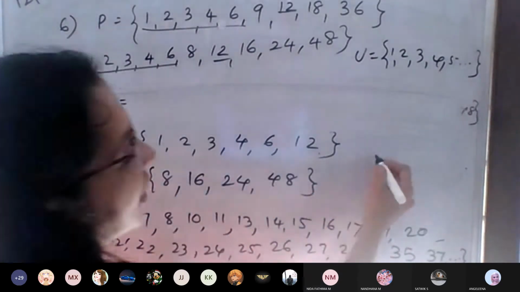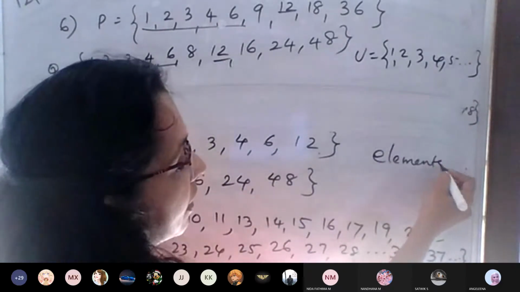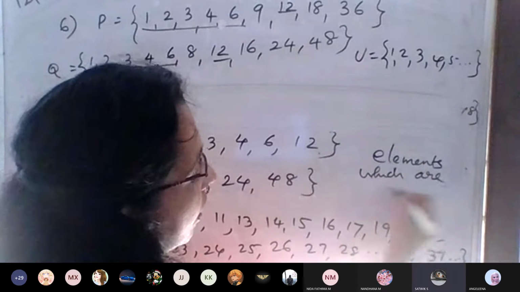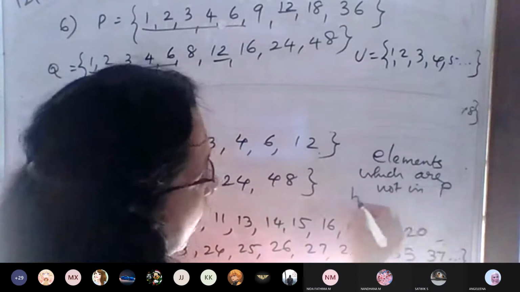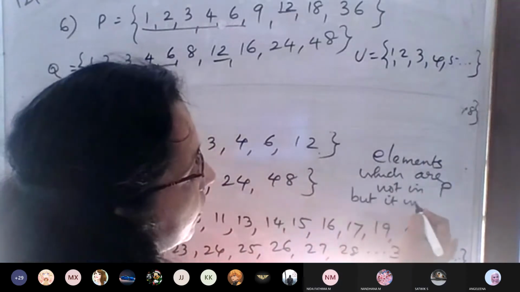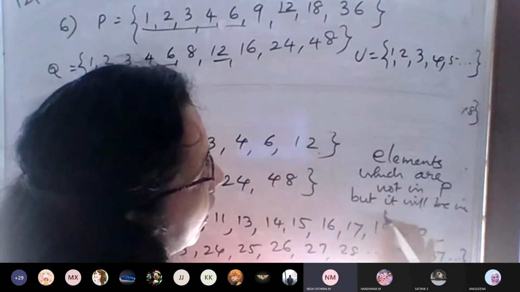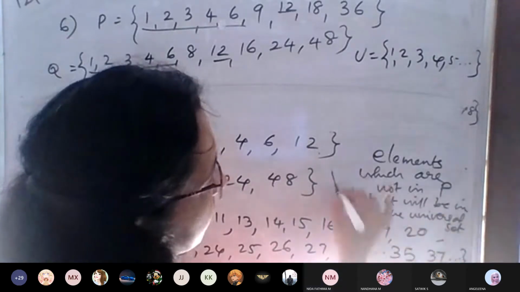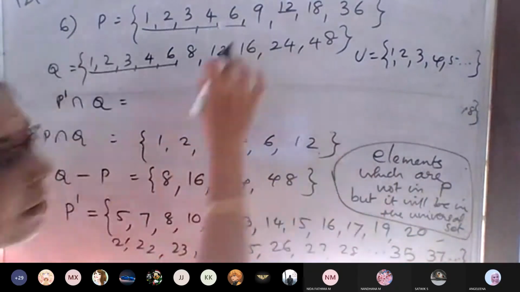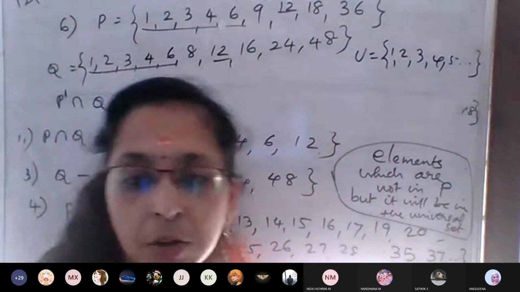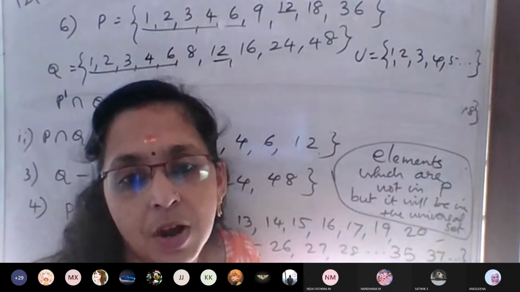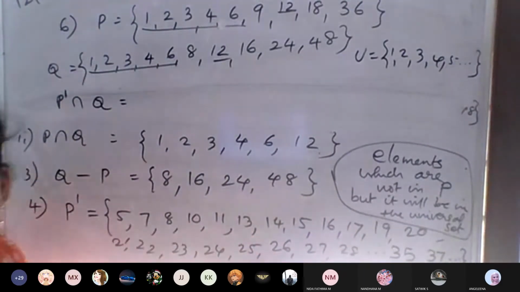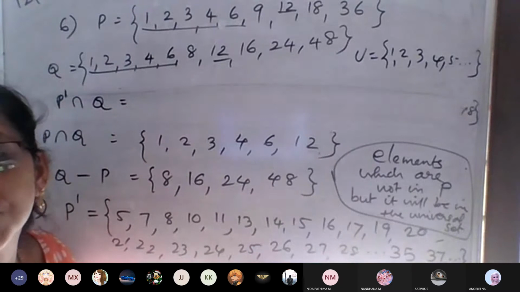P complement means elements which are not in P, but it will be in the universal set. Universal set means we can say these are natural numbers, all the numbers 1, 2, etc. We can't say which is the last number. All the numbers.